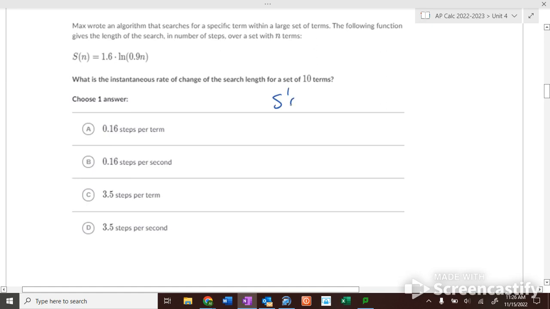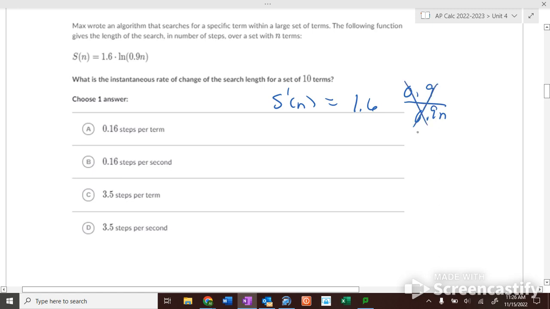So the first derivative of this is 1.6 times the first derivative of that, and the first derivative of that is 0.9 over 0.9n, right?